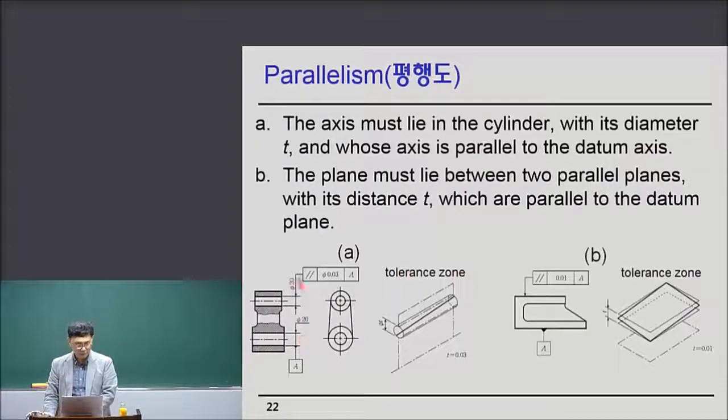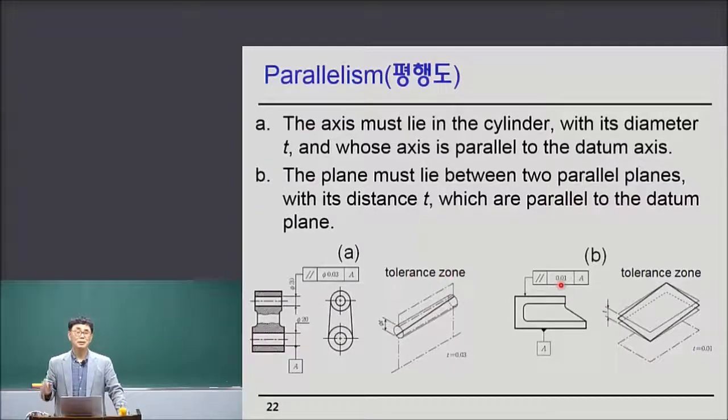And for planes, we mean the upper plane and bottom plane. The upper plane parallelism to A is 0.01. So from the datum A, the bottom plane, the upper plane's parallelism should be 0.01, meaning the upper plane lies between two planes whose distance t is 0.10.